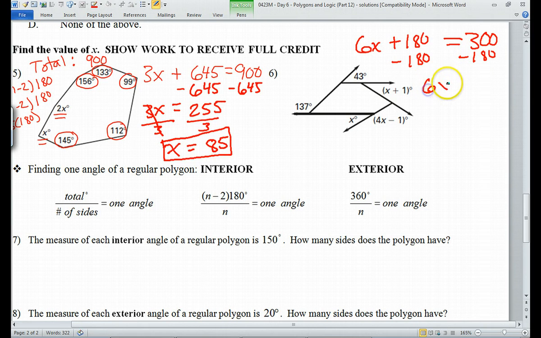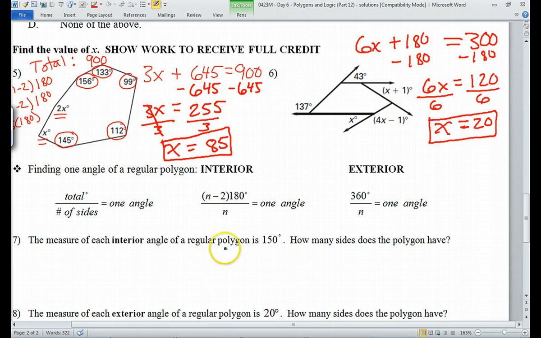So that's going to leave 6x equals 120. So dividing by 6 on both sides, that's going to give me x equals 20. Alright, so that is how you do number 6.